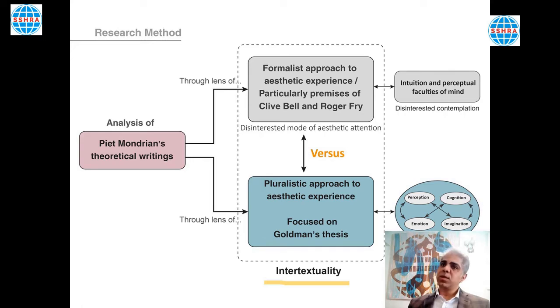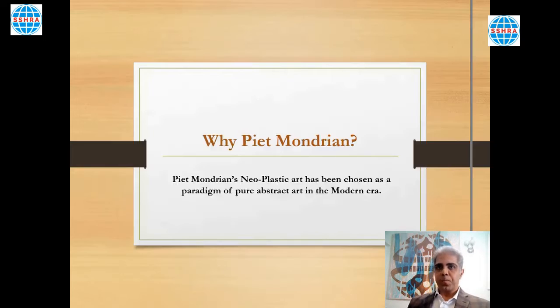The first is the formalist approach to aesthetic experience, where Schopenhauer says that aesthetic experience is intuitive and relies only on the perception of the spectators. The second is the pluralistic approach, which Goldman focused on. I analyze Mondrian's writing through these two lenses and compare them to see which one works best for them.